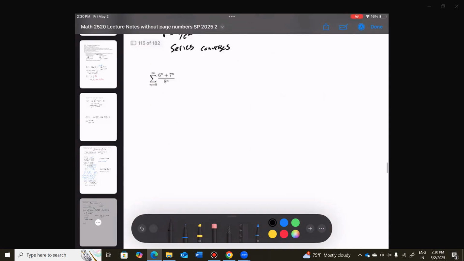Some of these don't take as much work to get them into the right form. Here we'll separate this into 2 of these. So 6 over 8 to the n plus 7 over 8 to the n. Both of these have r less than 1, so the series converges. Okay, so here r is going to be equal to 6/8.